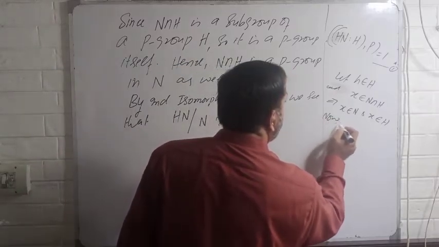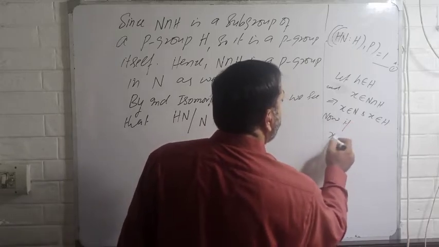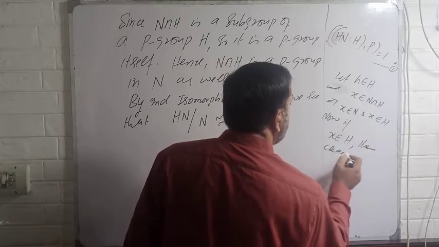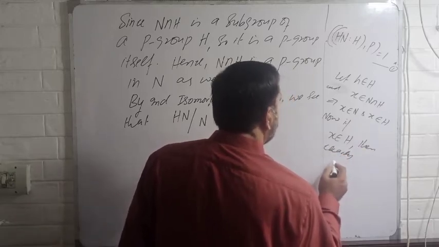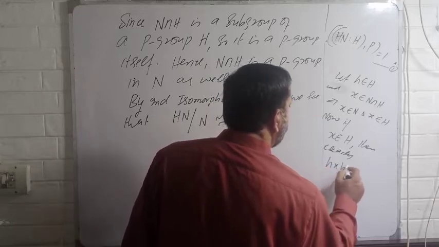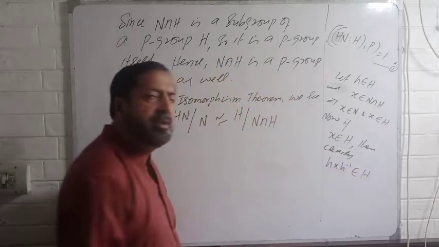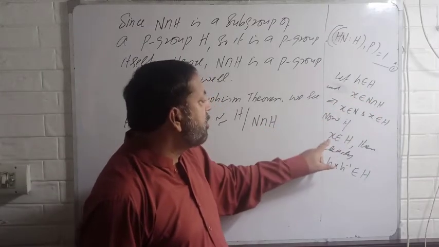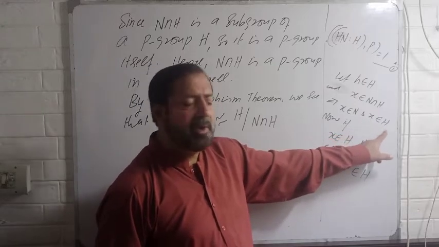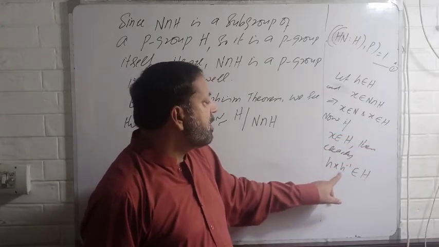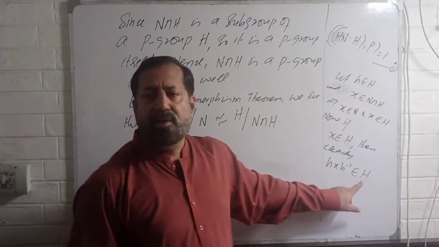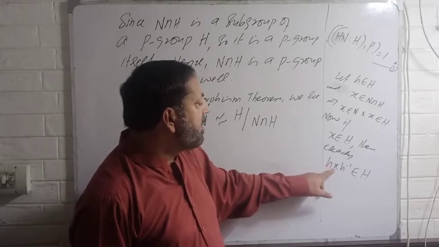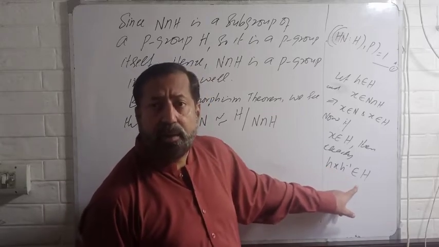Now, if x belongs to H, then clearly h x h inverse belongs to capital H. Yes, this is true. Since h is an element of capital H and x belongs to capital H, h x h inverse of course is an element of capital H since H is a subgroup, so this is trivial. Now secondly, you have to show that h x h inverse is also an element of capital N.